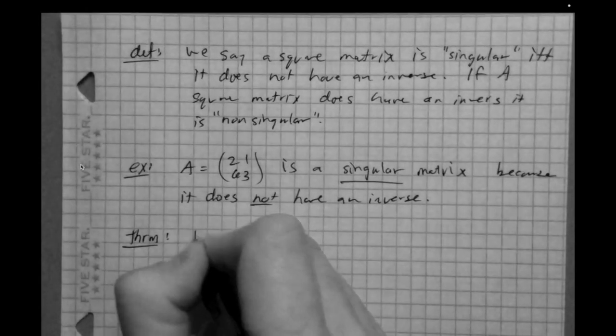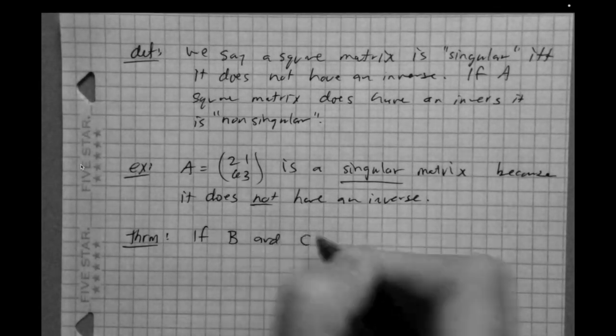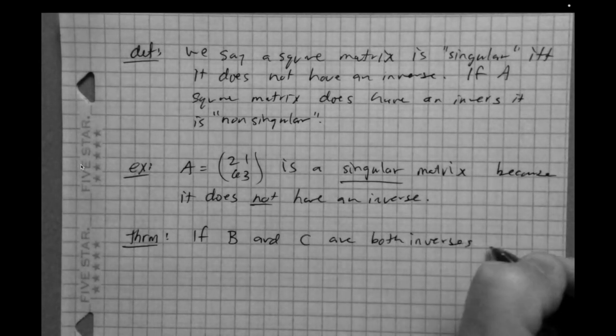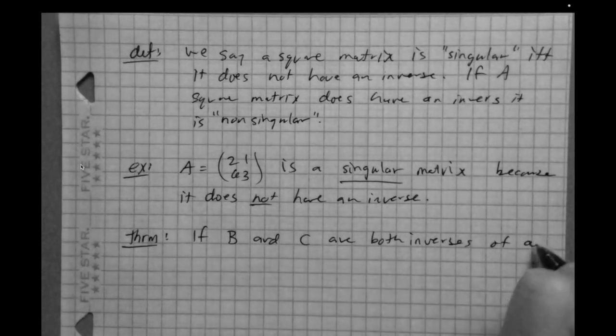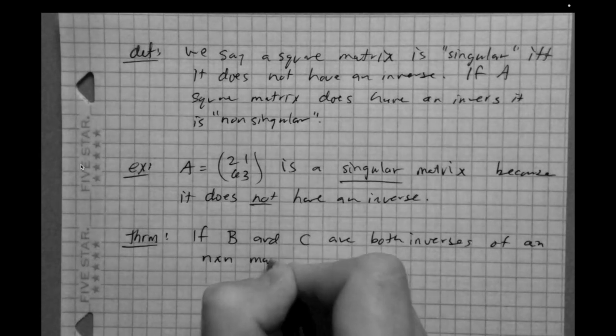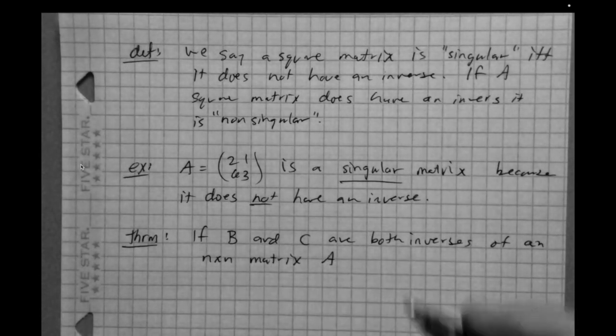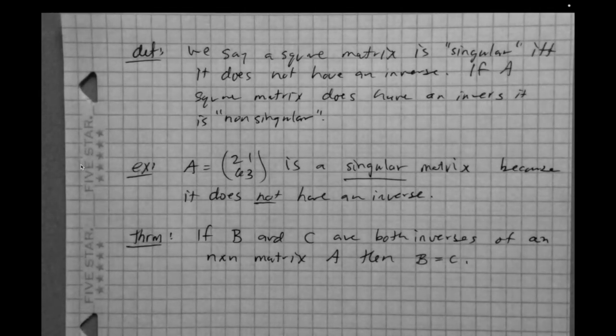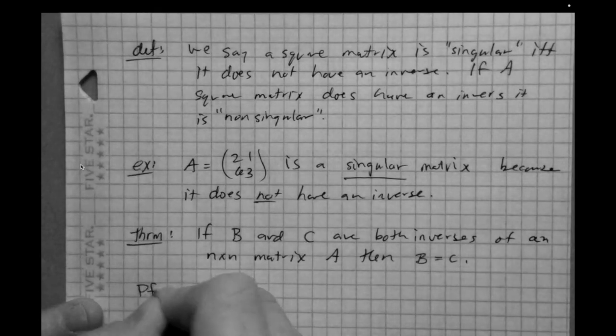If B and C are both inverses of an n by n matrix A, then B equals C. This is the idea that there is one and only one inverse for A. It doesn't have a variety of inverses, just one. This proof is really easy, so we'll go through it quickly.